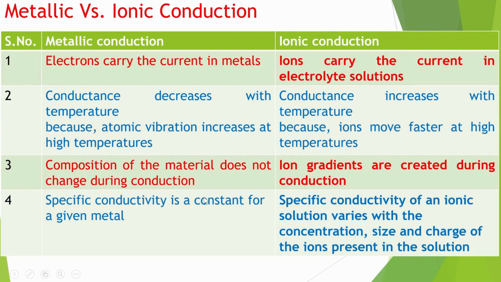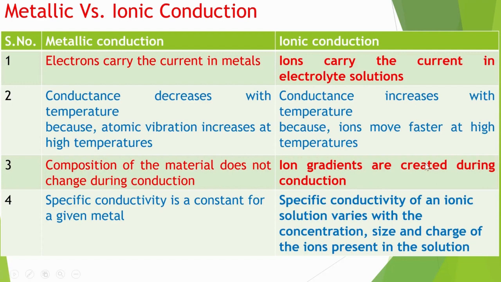Third point is, the composition of a metal does not change during conduction. Before and after connecting the battery to the copper plate, it is still the same copper plate. Its composition will not change. Whereas, you take a solution of copper sulfate and connect it to the battery, how is current passing through? By flow of ions. What happens when you connect a battery? Copper ions will move towards the negative electrode.